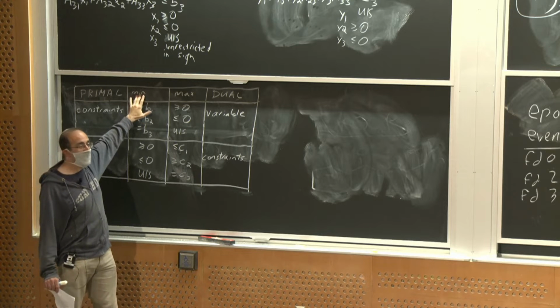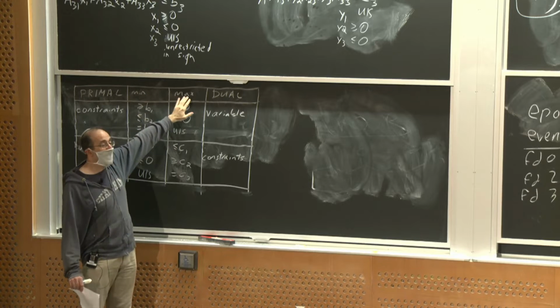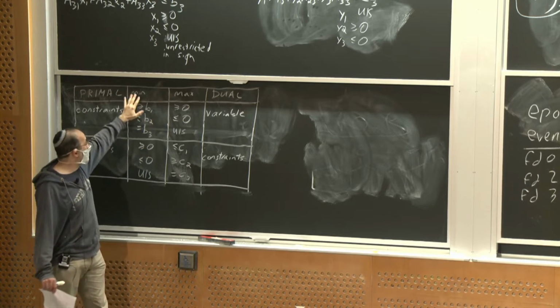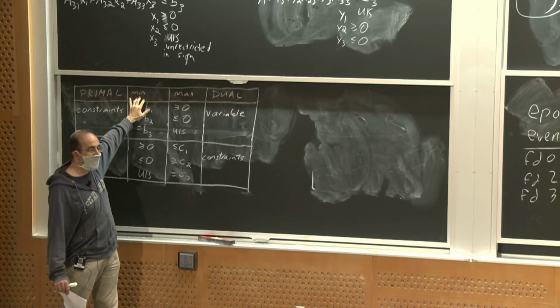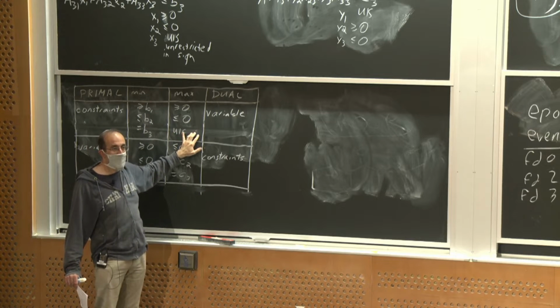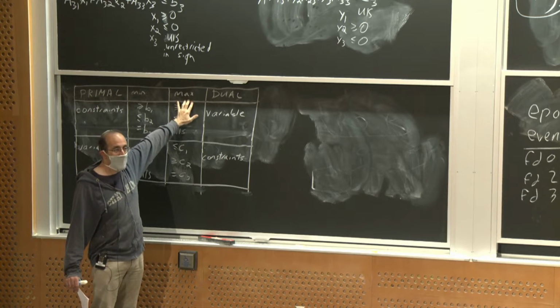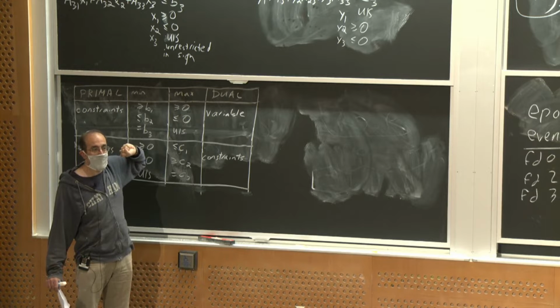When the primal objective gets worse, the dual objective is getting better. So tightening a constraint in the primal makes the primal objective worse, and that corresponds to a loosening variable in the dual, so that the dual objective can get better and they can stay equal to each other. Okay?